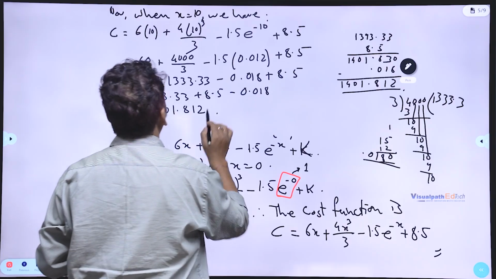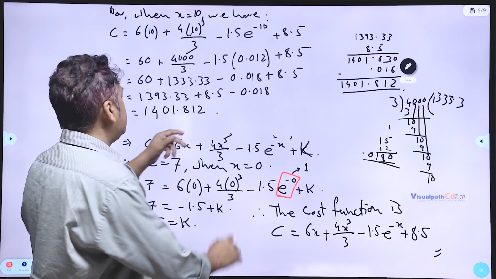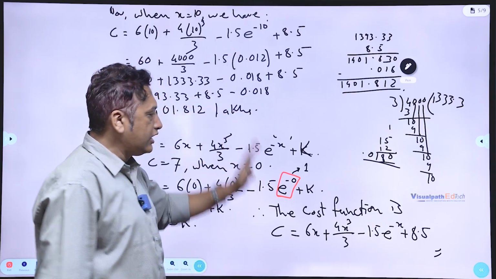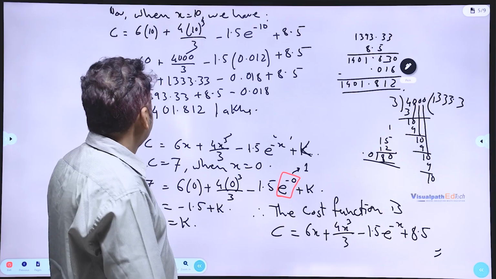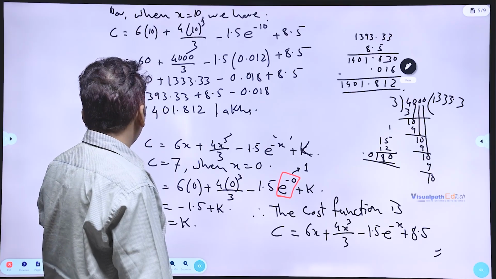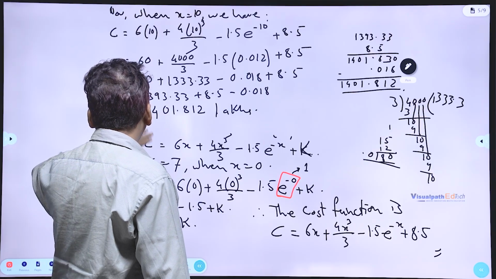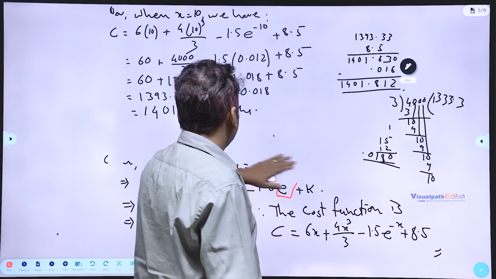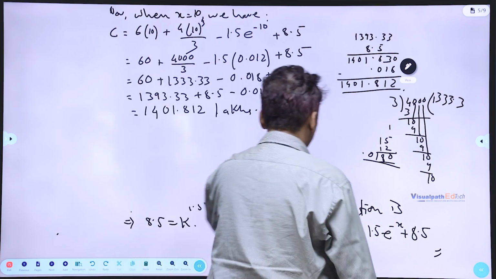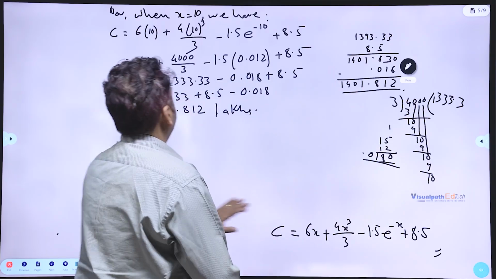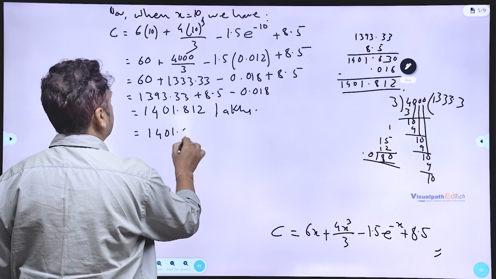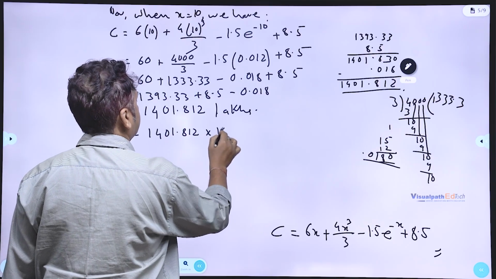Now this is in lakhs, because the entire sum is in lakhs. So this much lakhs is what we are going to get. If you want to know the exact figure, then you have to multiply this with 10 to the power 5, because that is your lakhs. 1401.812 into 10 to the power 5.